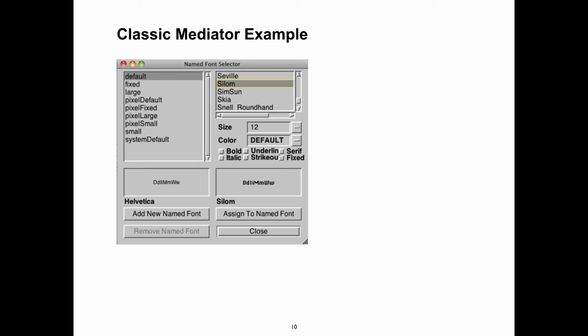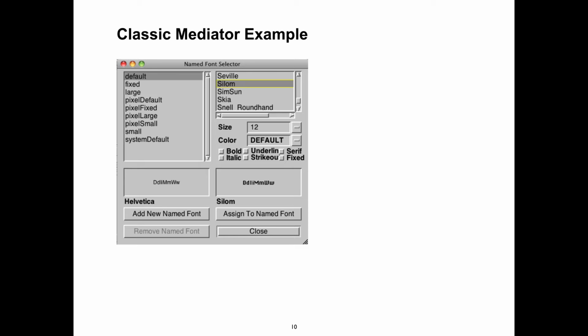And not all fonts support all sizes, right? So when you select here, it changes the legal values here, and it changes this text, and it changes what this looks like. When you click on this button, it's going to change the default value, right? So there's a lot of interaction between these parts.